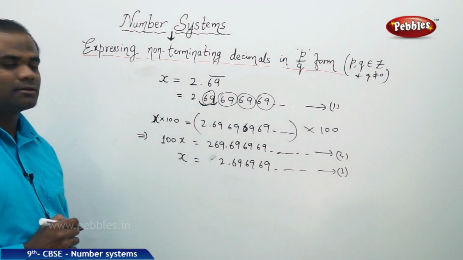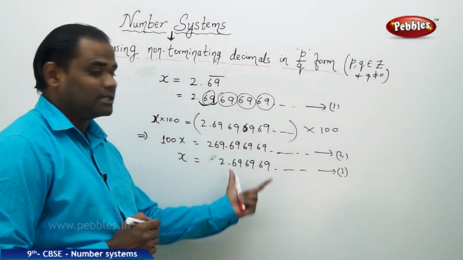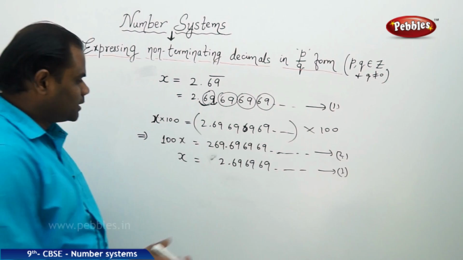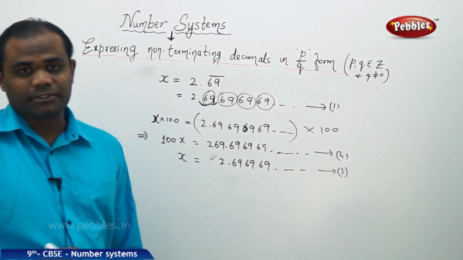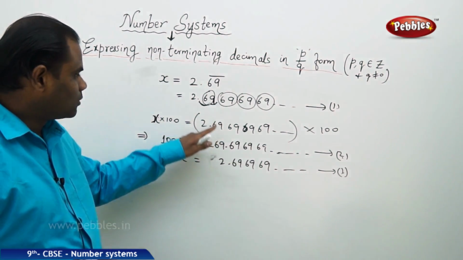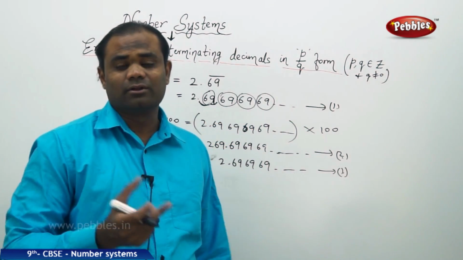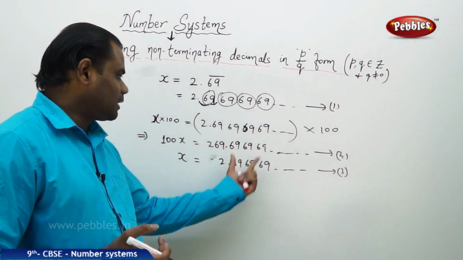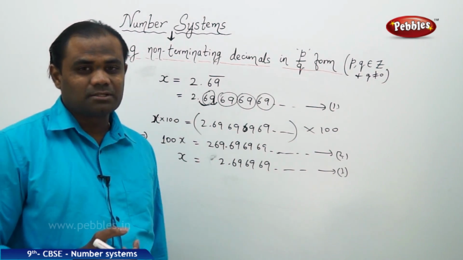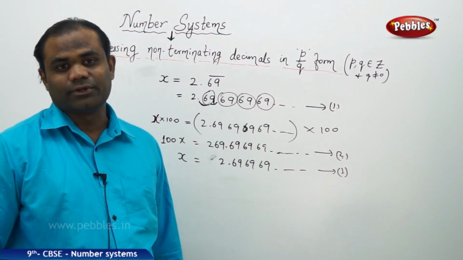The reason behind keeping the decimals the same is that when we subtract, all the decimals should vanish, and therefore in order to make the decimals equal, the only possibility is multiplying by 100 on both sides, so that I can subtract and all the decimal values vanish to 0.